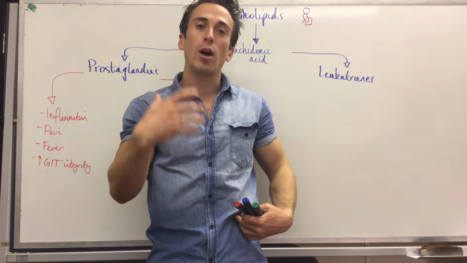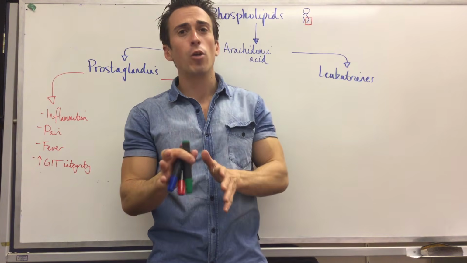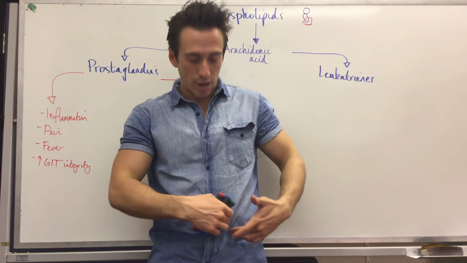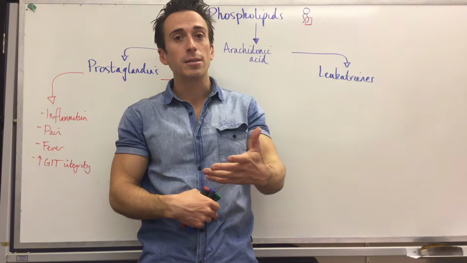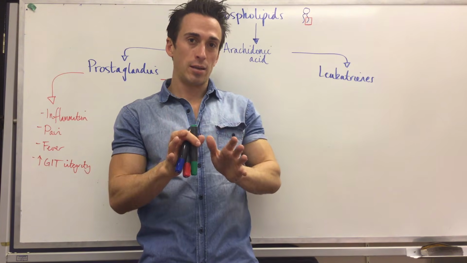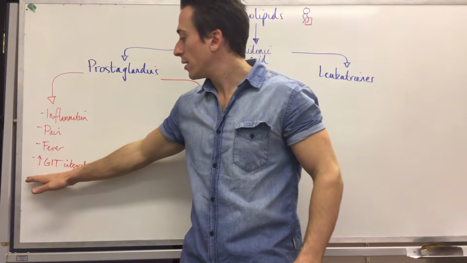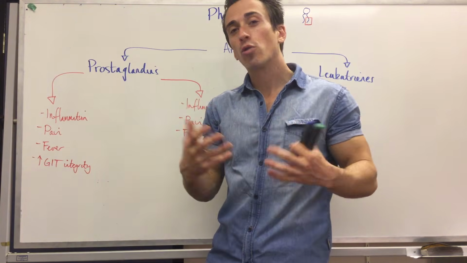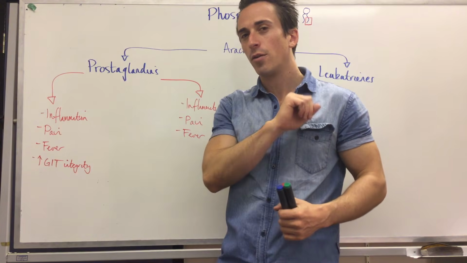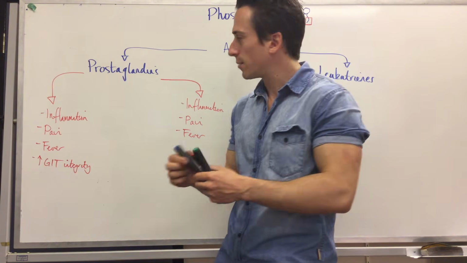Because we know that we create hydrochloric acid, and there's a very low pH at around about 1.5 to 3, which is sufficient to break down the tissue of our stomach. But this mucus lining protects us. It is prostaglandins that help us create this mucus lining and increase or maintain GIT integrity. Okay, so that's a very important point to put across.